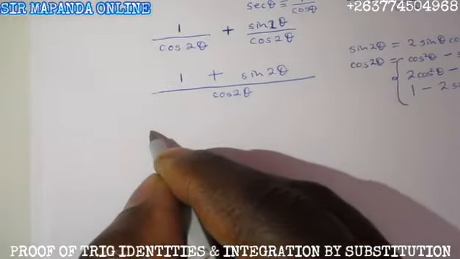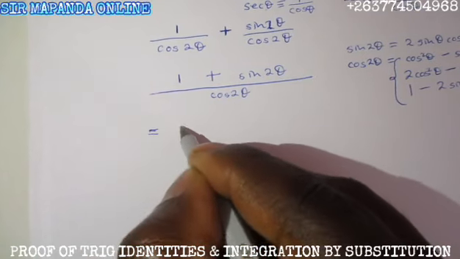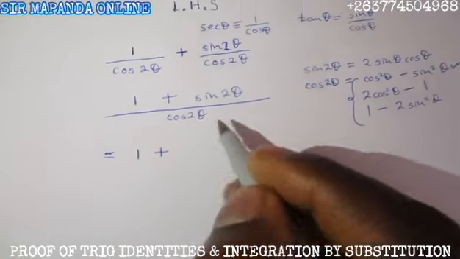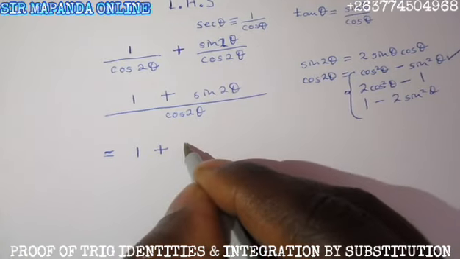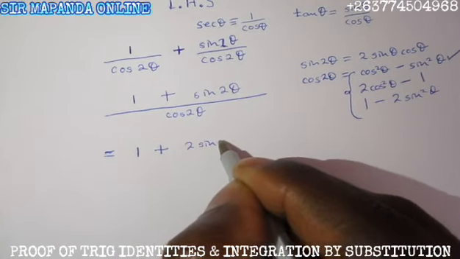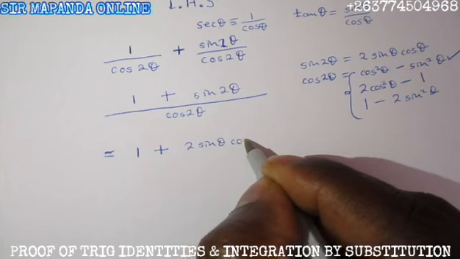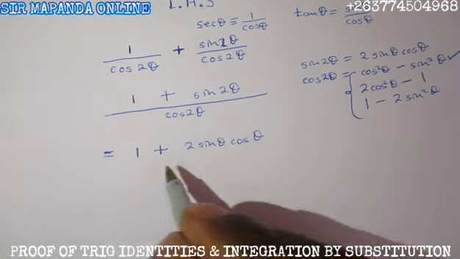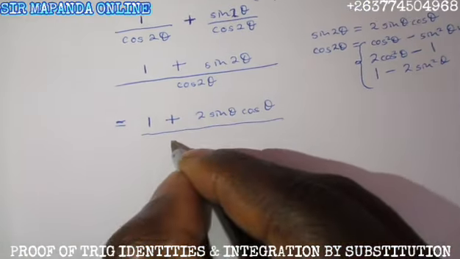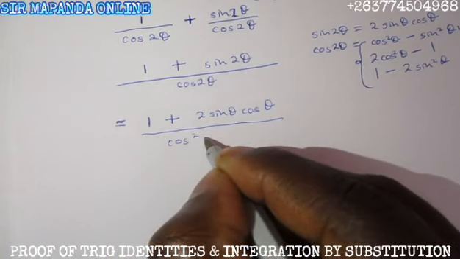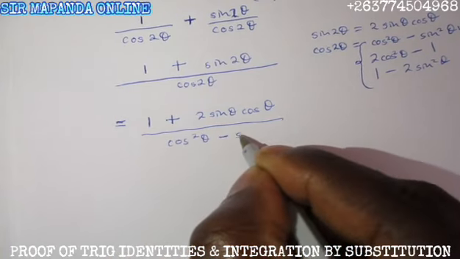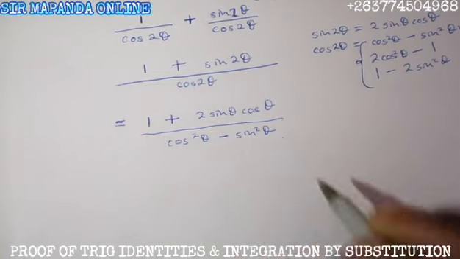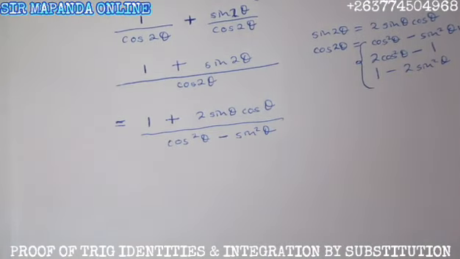Right, so let me substitute. 1 plus, this is sin 2θ, which is 2 sin θ cos θ, divided by cos²θ − sin²θ. I hope you are following, class.